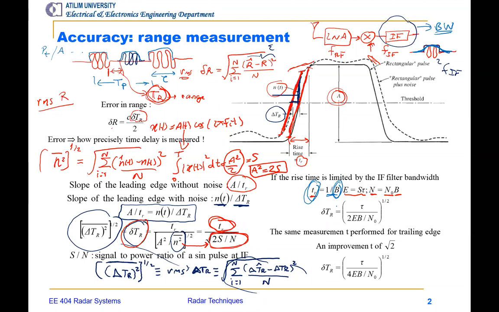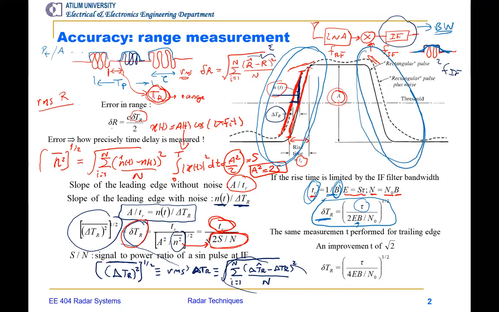Then we can write the RMS error in terms of the bandwidth of the filter, the pulse duration, as well as the energy and noise power spectral density of the noise. Okay, so this is the RMS error for the leading edge. We just derived it for this leading edge. We can apply this to the trailing edge as well.